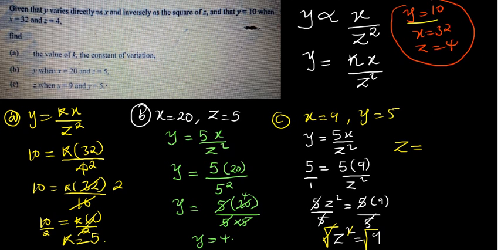What's the square root of 9? 3. Okay, so don't forget, it's not just the 3, but positive and negative. So z is going to be equal to 3, or z is going to be equal to negative 3. Okay, so that is it for this question.